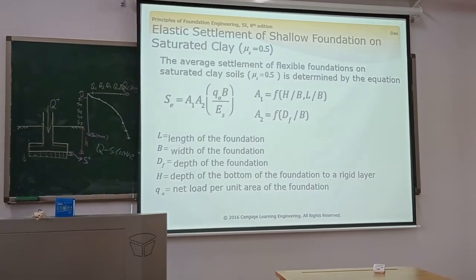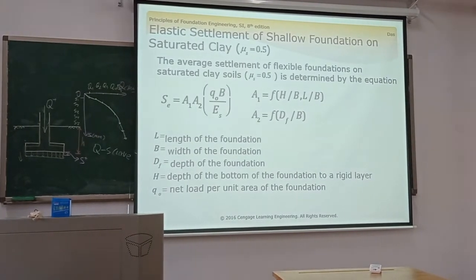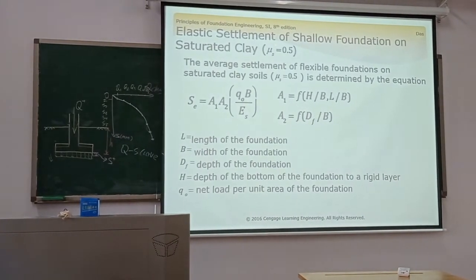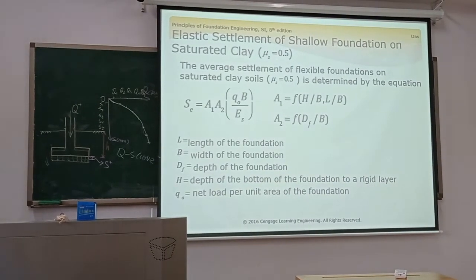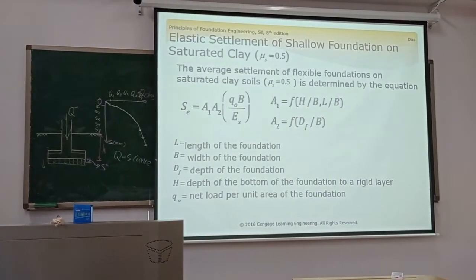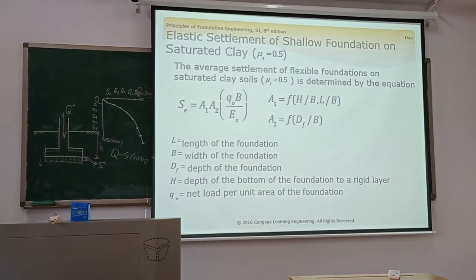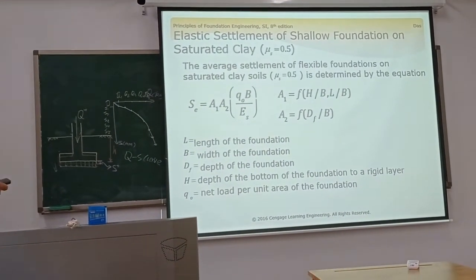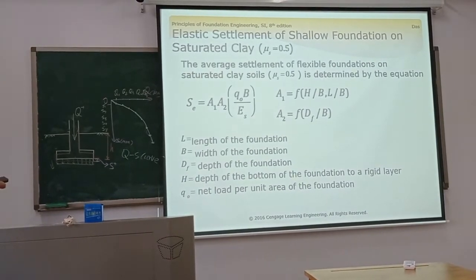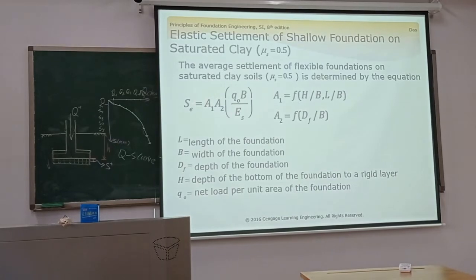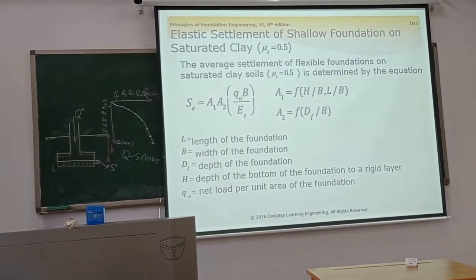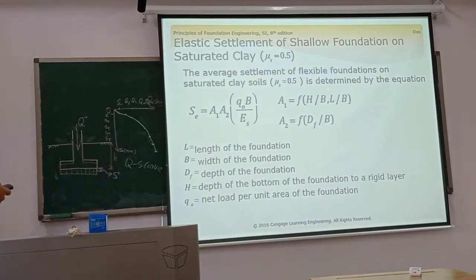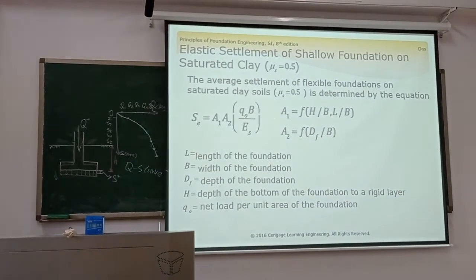First, we will calculate the elastic sediment of the foundation on saturated clays. In such a case we use Poisson's ratio, which is 0.5. So this is the average sediment. The average sediment of a flexible foundation on saturated clay soil is given by the equation with A1 and A2.